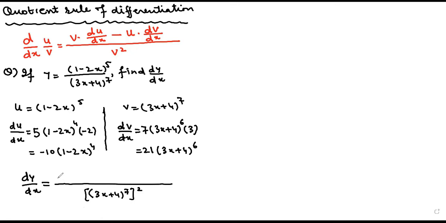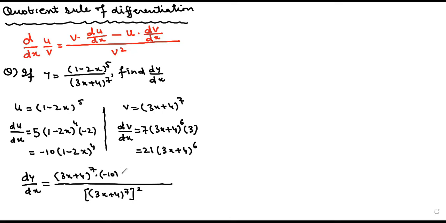Now we will write down this v as it is, (3x plus 4) power 7, and multiply with the derivative of the other function. The other function is (1 minus 2x) power 5, and the derivative of (1 minus 2x) power 5 is minus 10, (1 minus 2x) power 4.